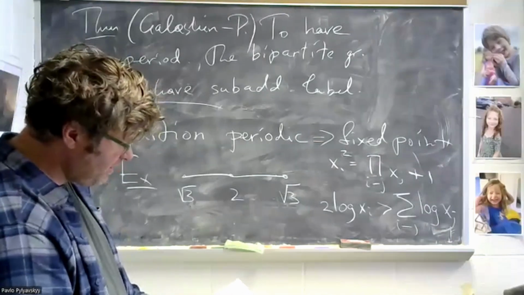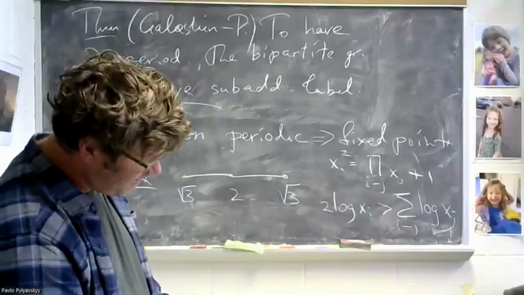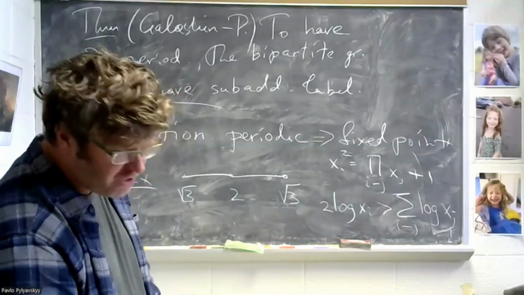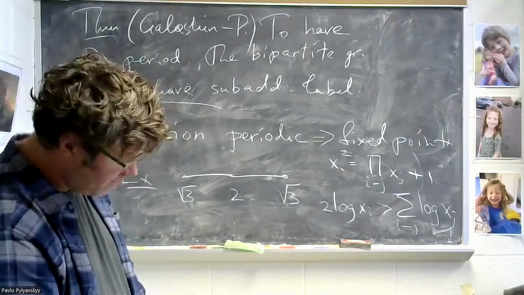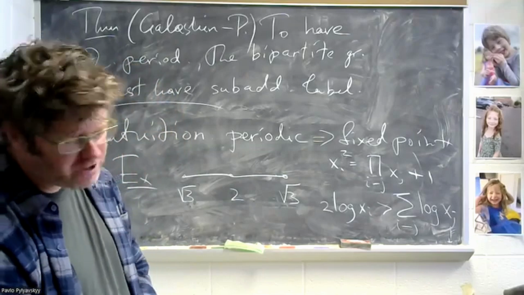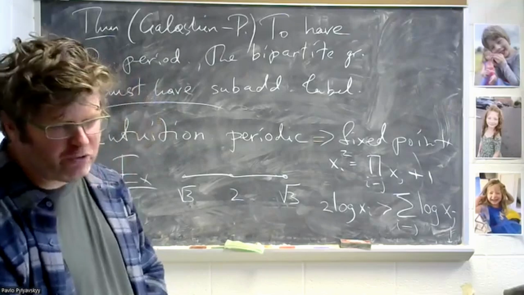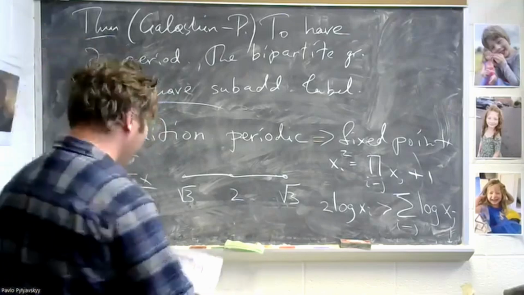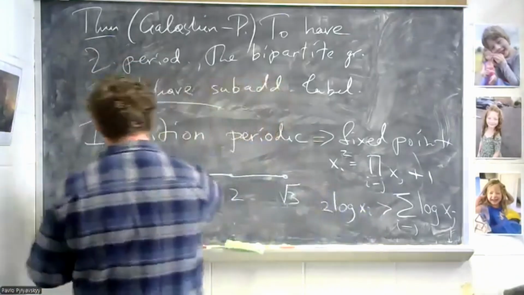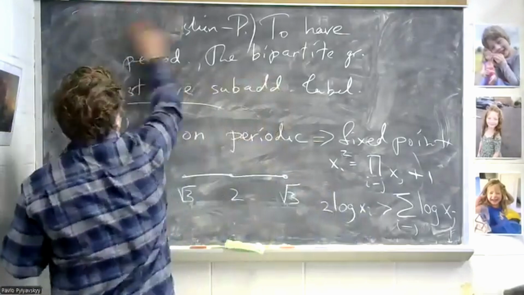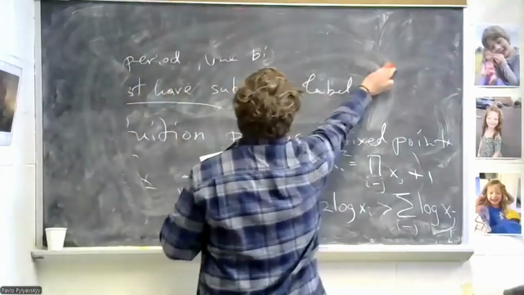Okay, the reason why it's better is that those graphs which have subadditive labeling are super famous. They're superstars, the most famous graphs in all of mathematics. So let me tell you. Here's a statement.